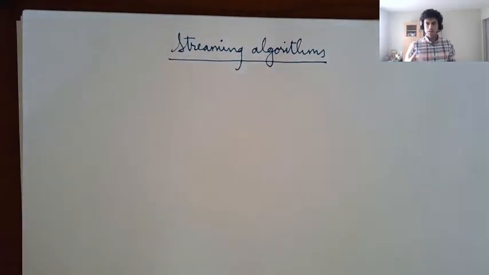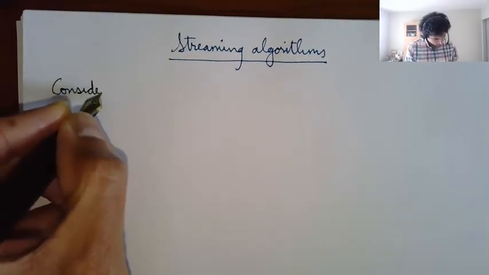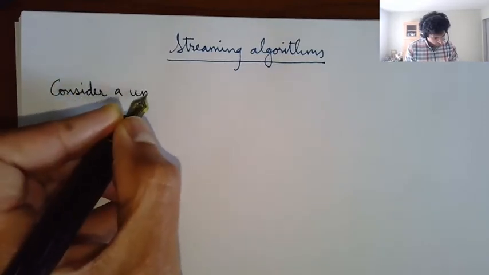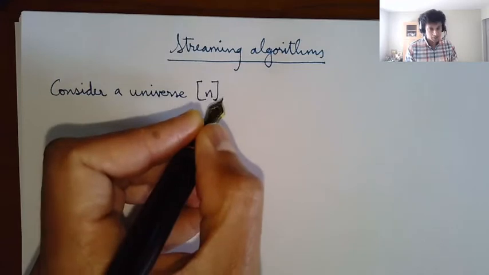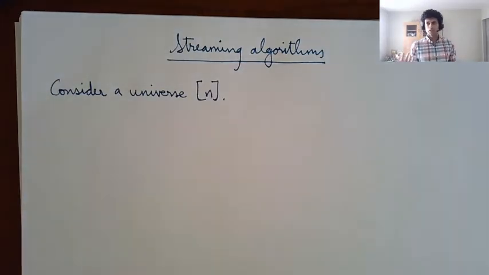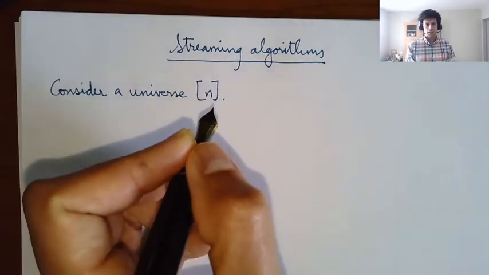So let me give you the simplest setting that we're going to talk about. We consider a universe [n]. So this is a universe of items. And when I say item, I typically mean an element from the universe.